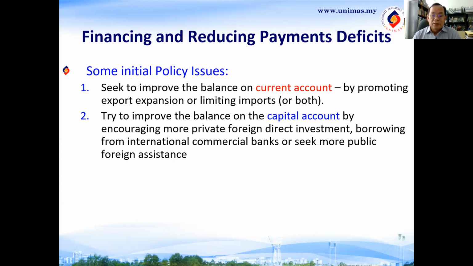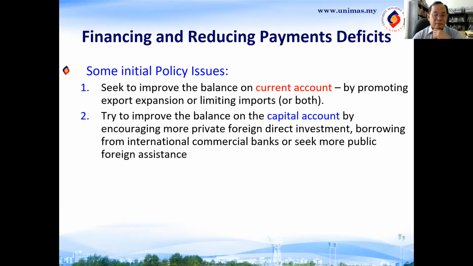Okay, or try to get public foreign assistance, like assistance from developed countries, from the US, from Britain, from Germany, and so on. When it is a gift, there's no need to pay back, at least not in cash, but probably in some other form.